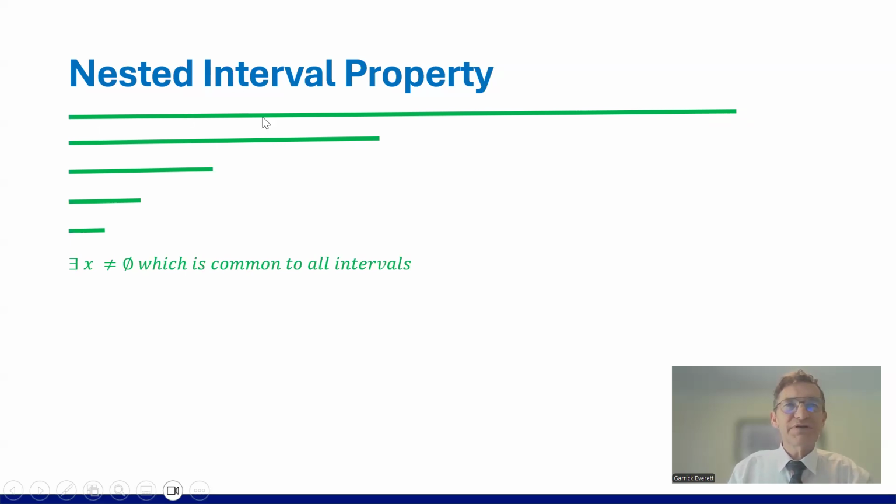So we're assuming this is a set of numbers, so that we can say there exists an x which is not the null set, which is common to all intervals. If we keep halving it, you can't get the null set, because you'll end up with some value x, and that value is common to all intervals because it'll be here, here, here, here, here. It's still in every interval.